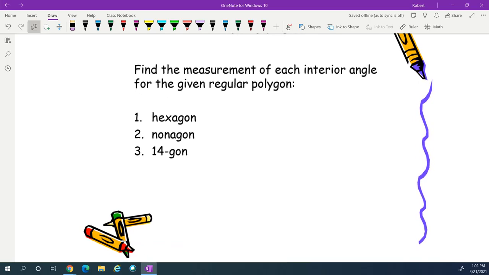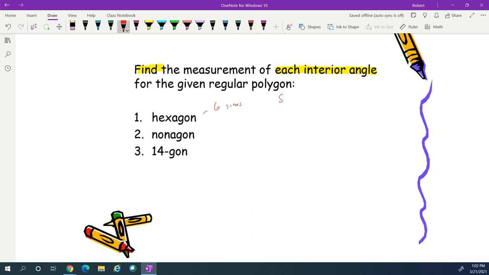Let's see what we're asked to do here. We're asked to find the measurement of each interior angle. So not the sum, only one of them. Well, we have a hexagon. That's 6 sides.